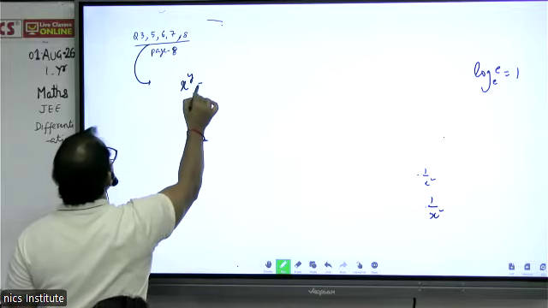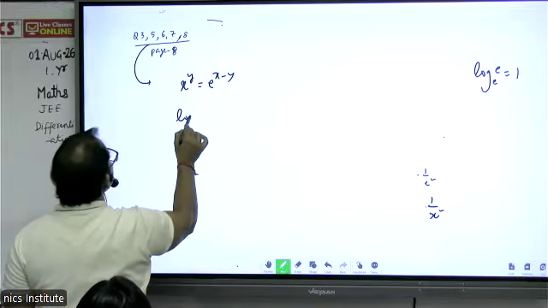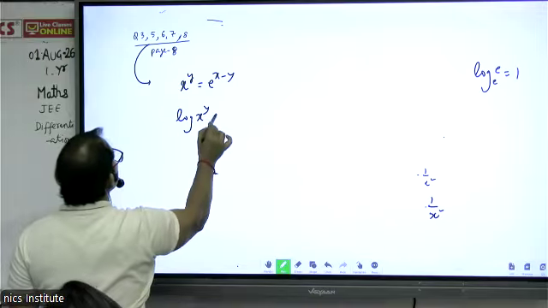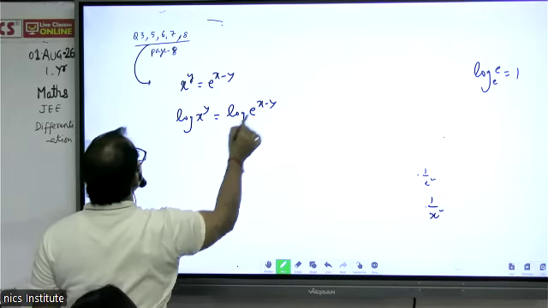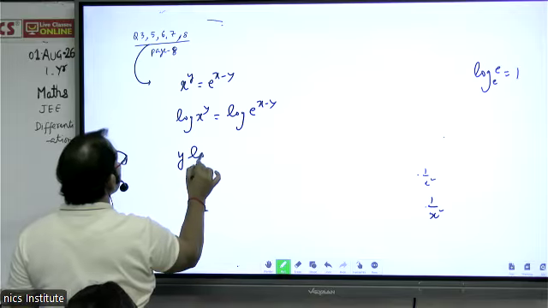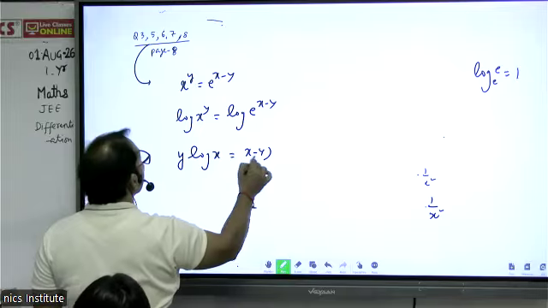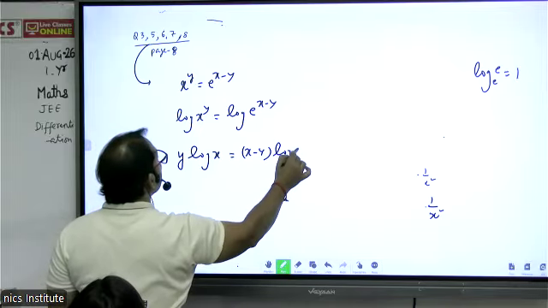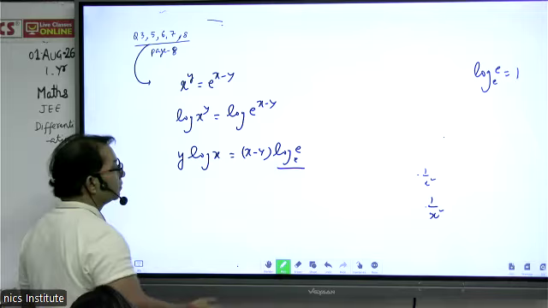No, x to the power y is e to the power x minus y. Taking log of both the sides, see, this is log e to the power x minus y. So now you apply property of log. It is y log x, and this is x minus y log e to the base e, which is 1. Why apply product rule?